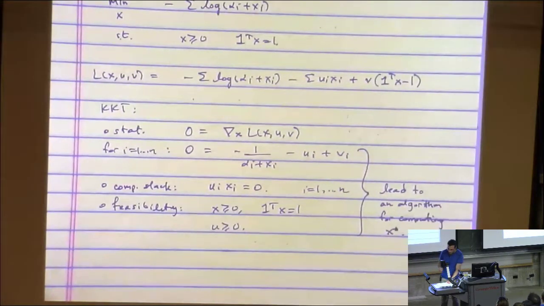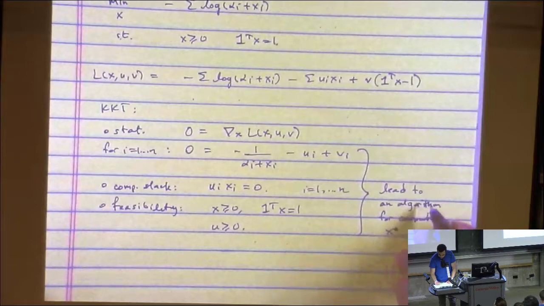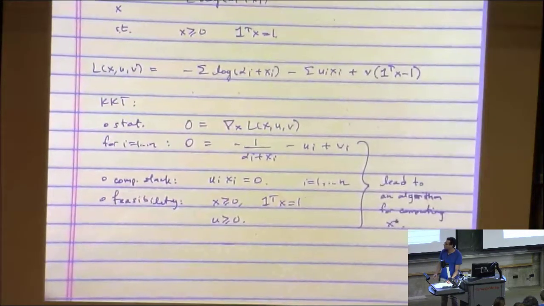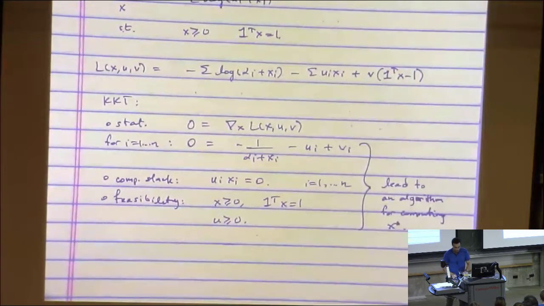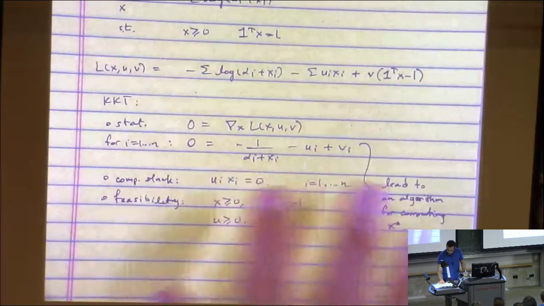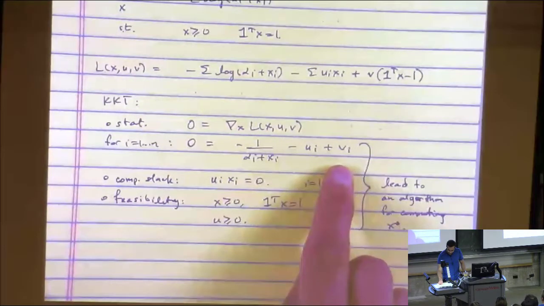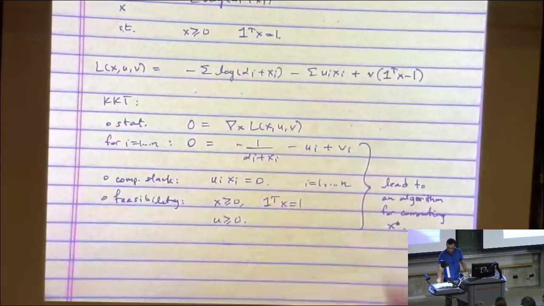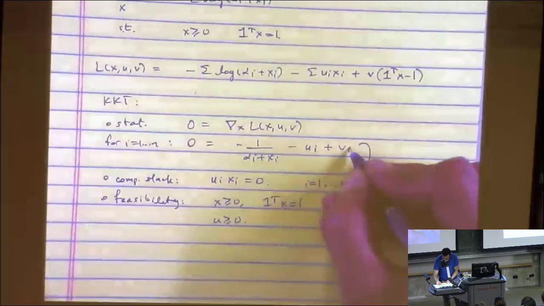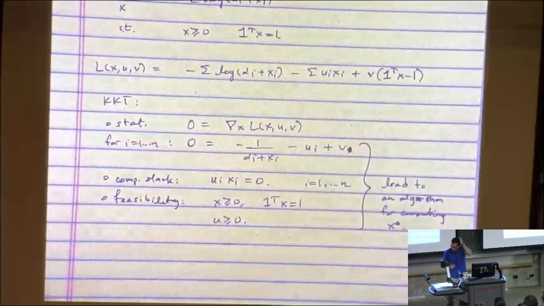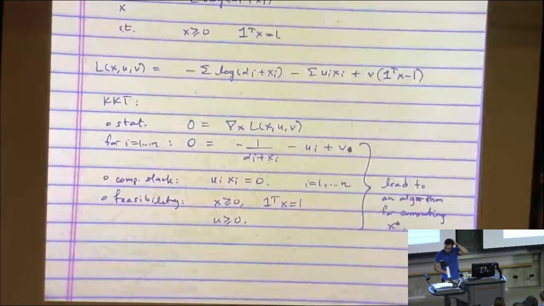It's a fairly simple algorithm, named water filling, after an informal or intuitive view for what it's doing. Basically you can eliminate the dual variable u. This should not have said v_i, by the way. That's just v, because we only have one dual variable.